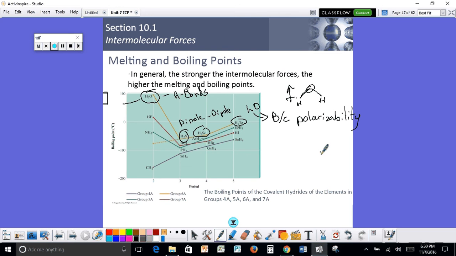All right, makes sense? Good. So this increases because you have the interaction of dipole-dipole and London dispersion happening. This one is so high because of the hydrogen bonds.